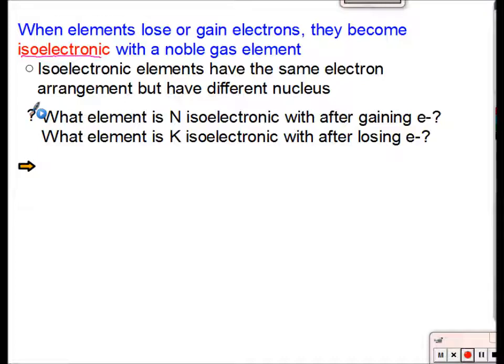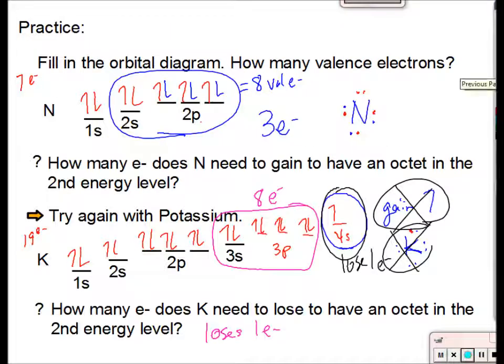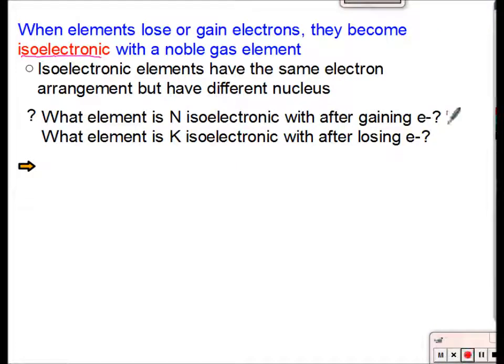If I look back and say what element is nitrogen isoelectronic with, I want to go back to my previous page. Nitrogen, when I gained my 3 electrons, 8 valence electrons, 10 electrons overall, which means 10 protons, which means this is the same as neon. So nitrogen is isoelectronic with neon after it gains 3.